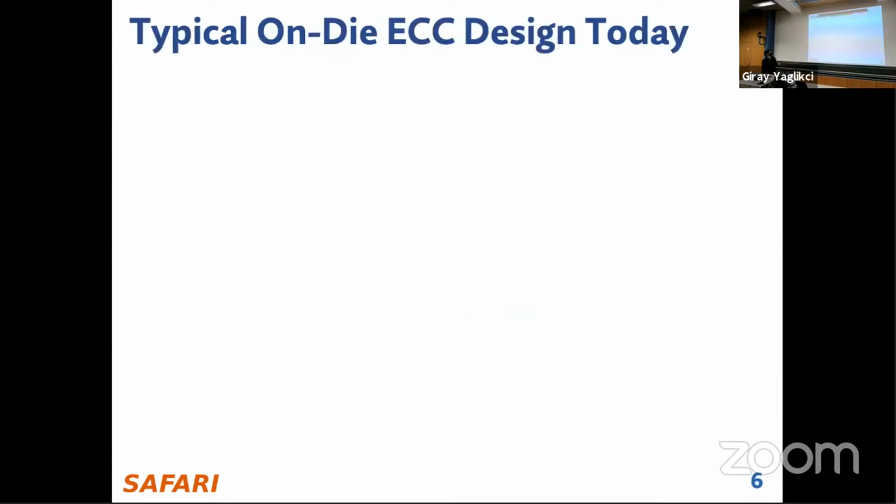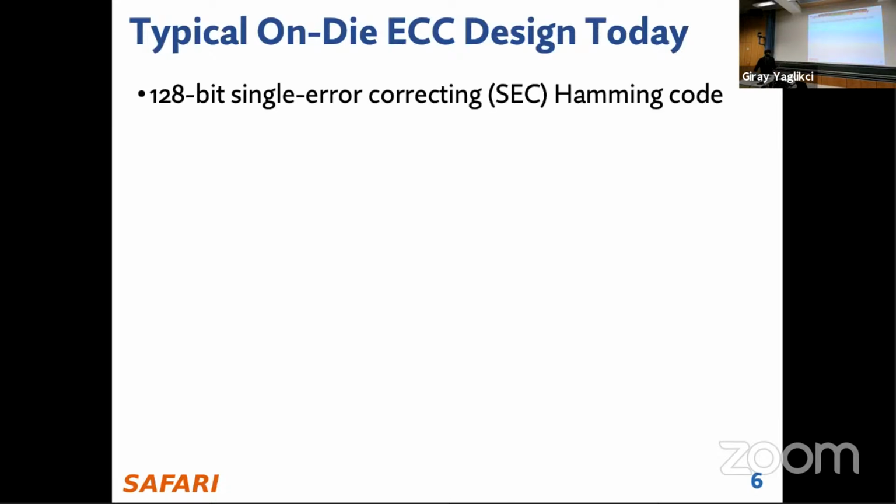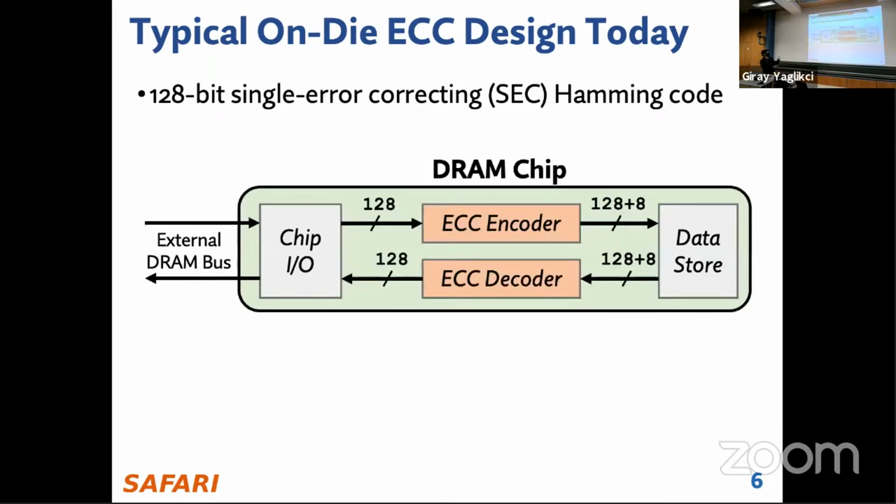Okay. First I'm going to give an overview of a typical on-die ECC design that we use today. What's typically incorporated in DRAM chips is a 128-bit single error correcting Hamming code. I'll illustrate this in the context of a DRAM chip. Here we're illustrating an external DRAM bus, which communicates with the CPU. When the CPU performs a write operation, it first interacts with the chip IO logic inside the DRAM chip.